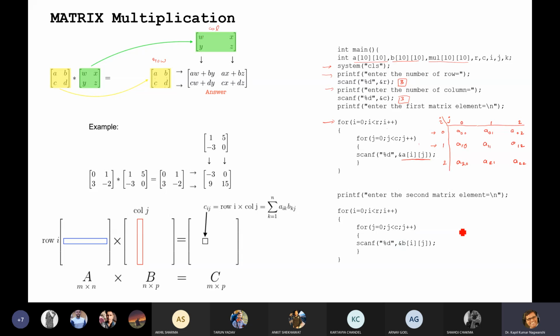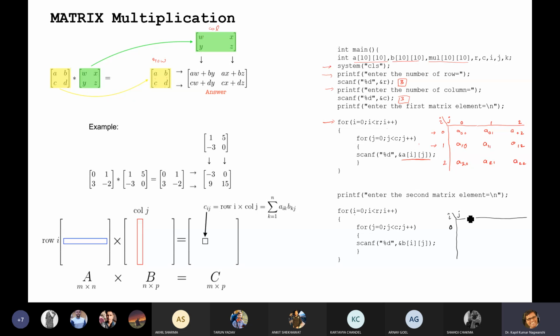Now a similar for loop is used for matrix B. Let me write matrix B in some other color. Similarly, i is the outer for loop and j is the inner for loop. Let me execute one by one. The for loop with i equals 0 will be executed.